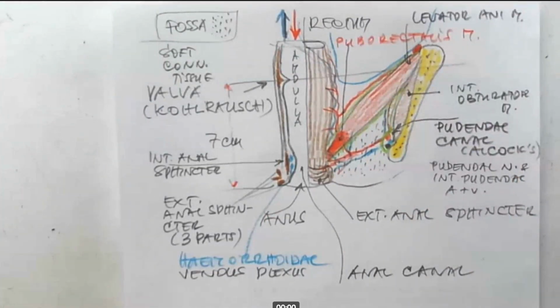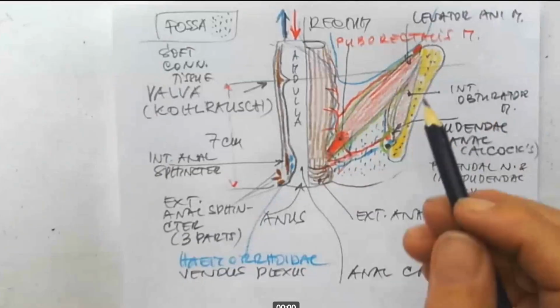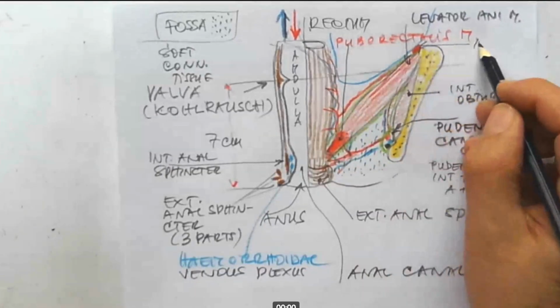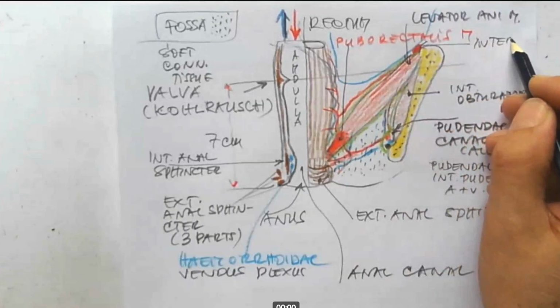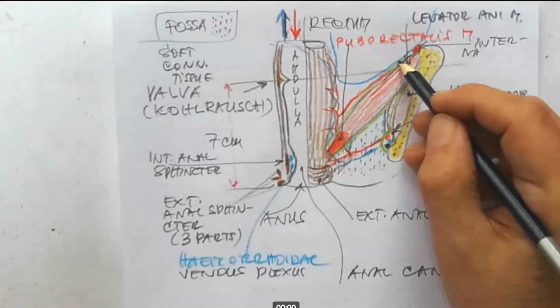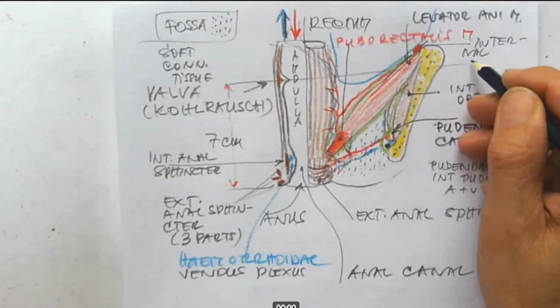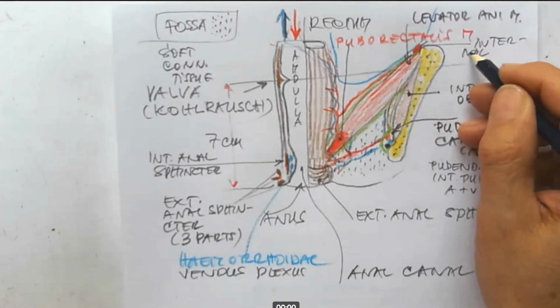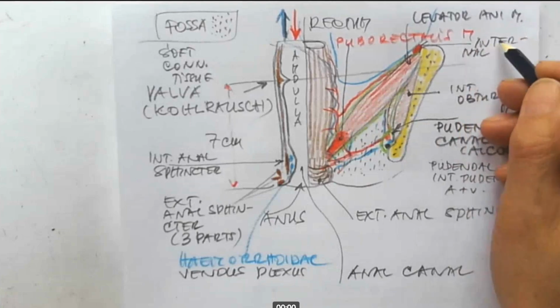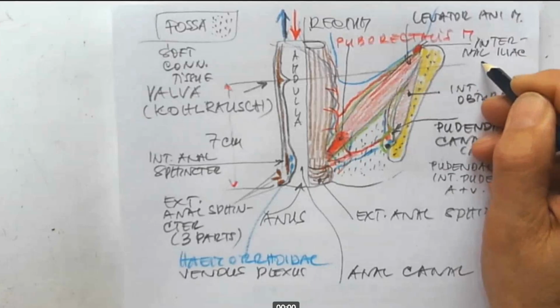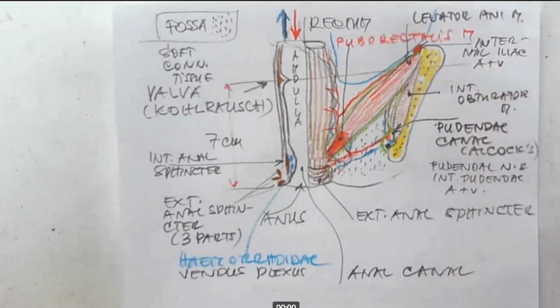So just finalizing the names. Here would be the position of the internal iliac artery plus vein.